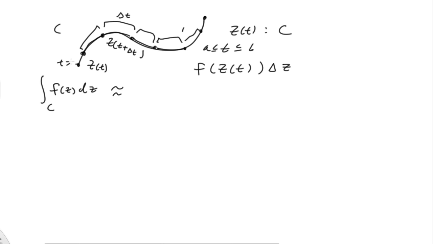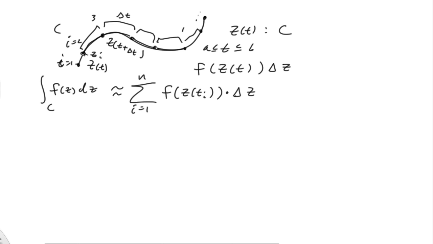We're going to break it up into these little pieces, and sum together a bunch of complex numbers, i equals 1 all the way to n, however many of these there are. Each one of these will be f at z i, or actually, we can write it a little more precisely, z of t i. That'd be a better way to write it. And then we're going to times it by some delta z.